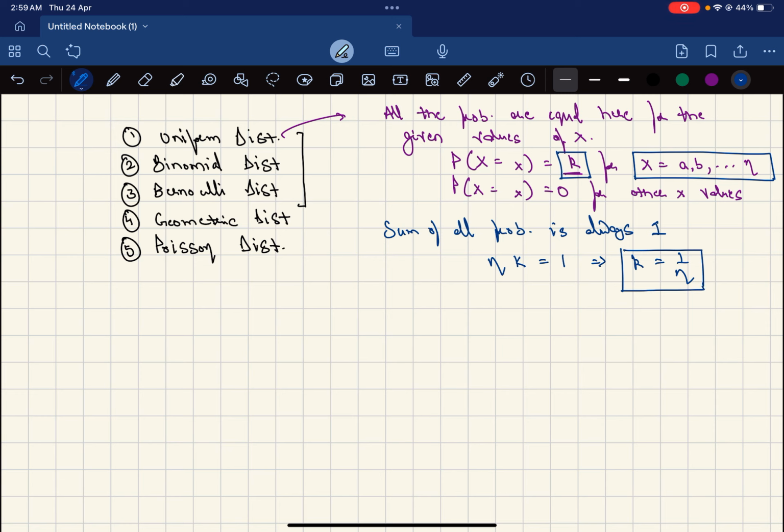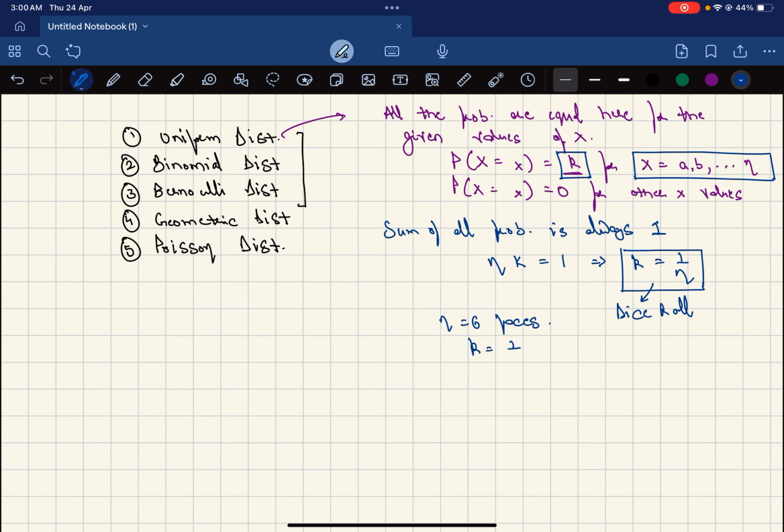Now a very basic example of this is nothing but the dice roll, which we saw in this session itself. In that we had n equal to 6 faces which were all equally likely.